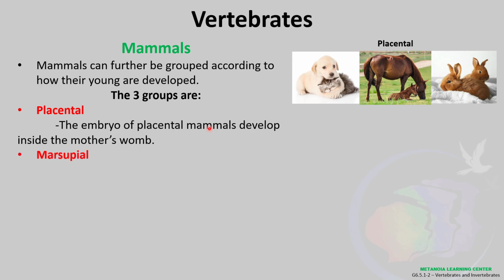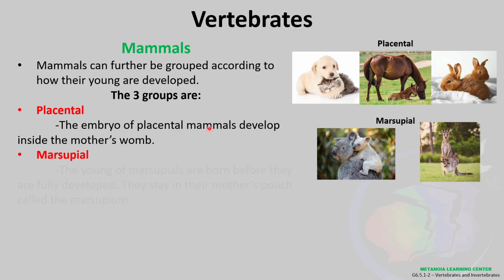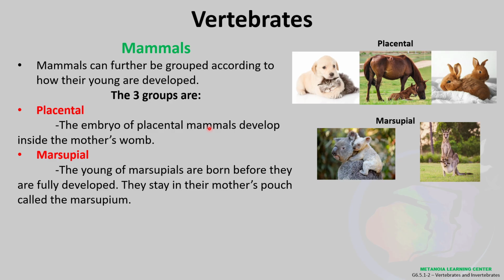Okay? So marsupial naman, actually ganun din. Marsupials begin their development sa loob ng body. Pero unlike sa placental, your body basically waits for the full development of the baby bago pa makalabas sa katawan.